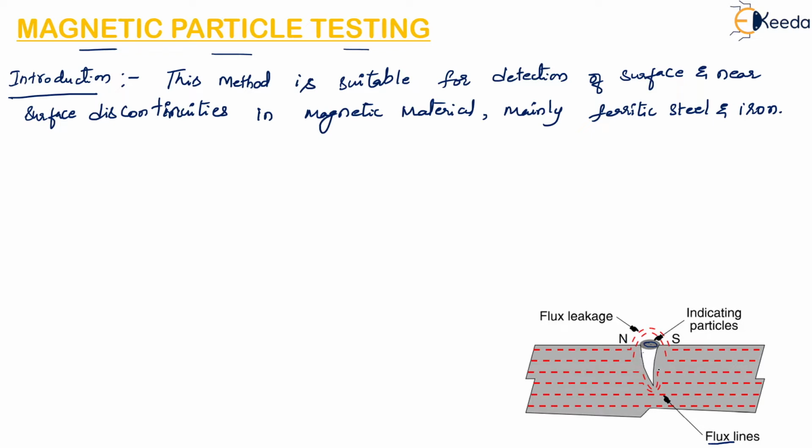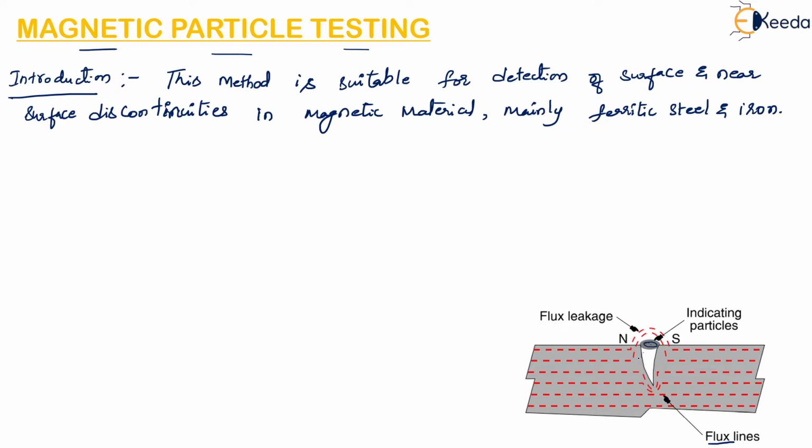So at 90 degrees these lines will be running when we compare it with the defect. So if there are any discontinuities or defects, then these flux lines will stray out into the air at the mouth of the discontinuity.